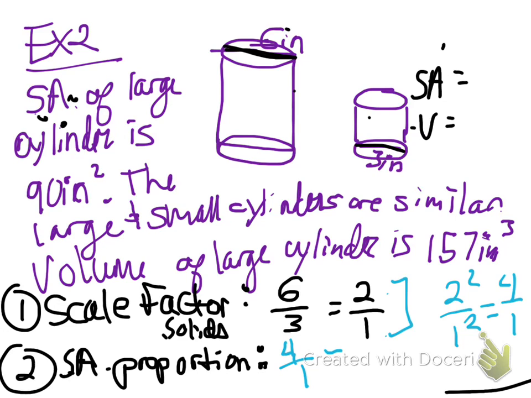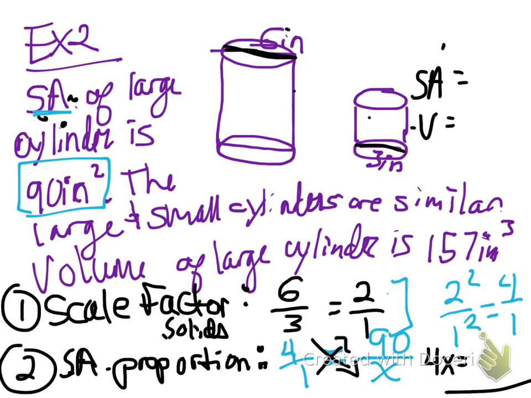So now we can set up our surface area proportion. So 4 over 1 equals, well, our large surface area is 90. We're doing large to small, so 90 over x. So now we can go ahead and cross multiply and solve for our unknown surface area, x. So that would be 4 times x equals 90 times 1. So 4x equals 90.